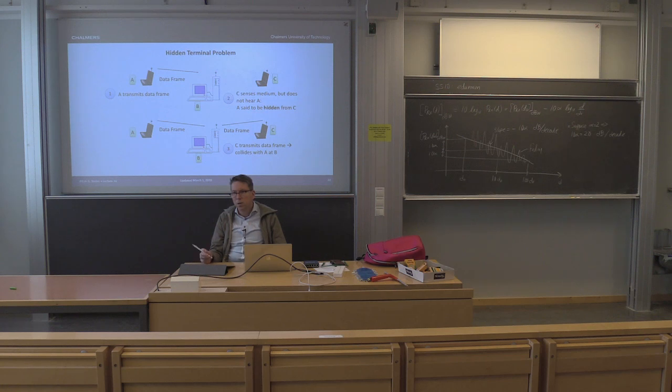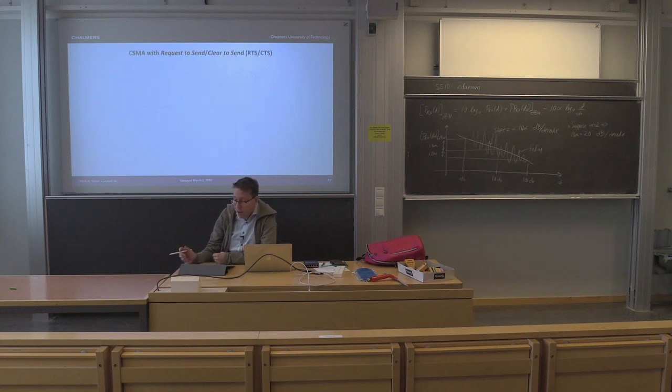So what do we do about this? Well, there is a mechanism in 802.11 to reduce the probability of this, and that's called an RTS-CTS handshake. RTS stands for request to send, and CTS stands for clear to send.